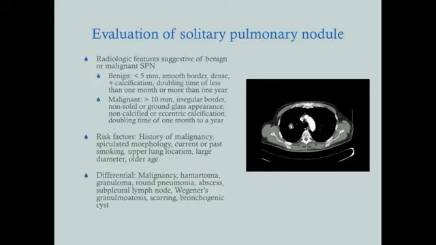Infectious things, so like granulomas, tuberculosis, round pneumonia, abscesses. Non-infectious things like amyloidomas, rheumatoid nodules, Wegener's granulomatosis can show up as nodules in the lungs, and then congenital things like bronchogenic cysts. Okay, I think I beat that horse enough.